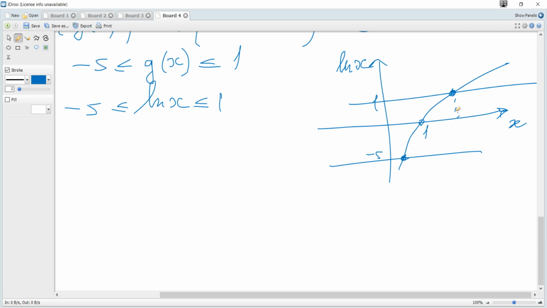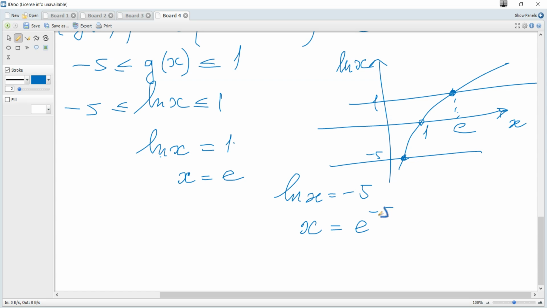So you can see this point is the point of intersection of ln and 1. So x is e to the power 1, so it's e, and this point is when ln is equal to -5, so x is e to -5 or 1 over e to the power of 5.